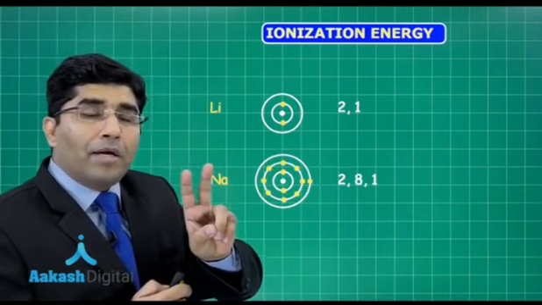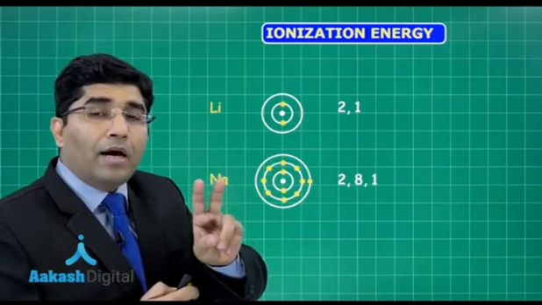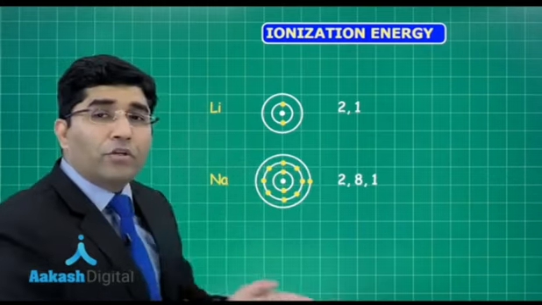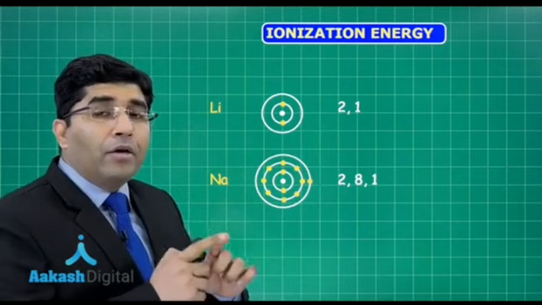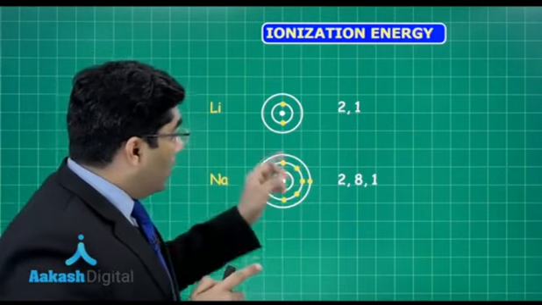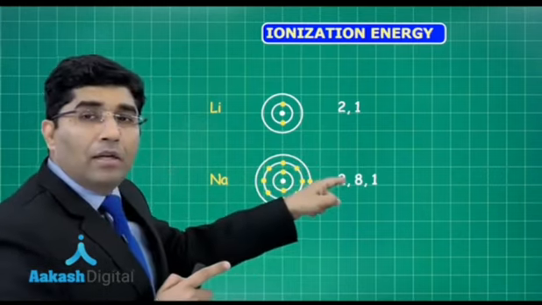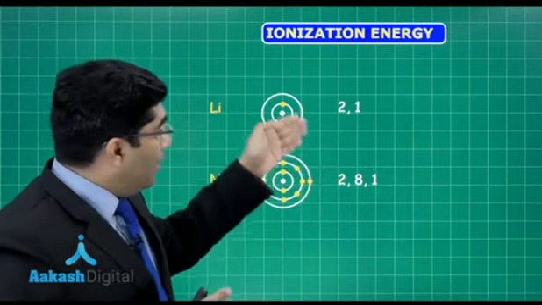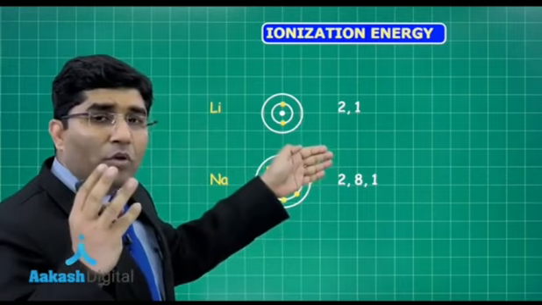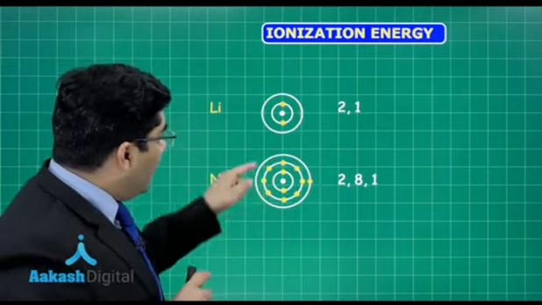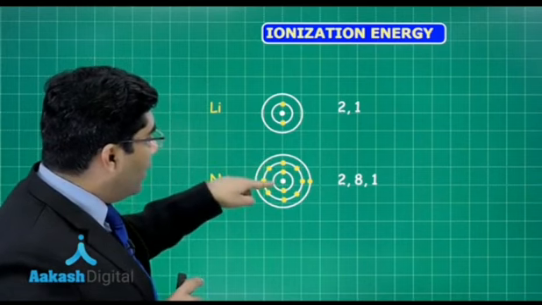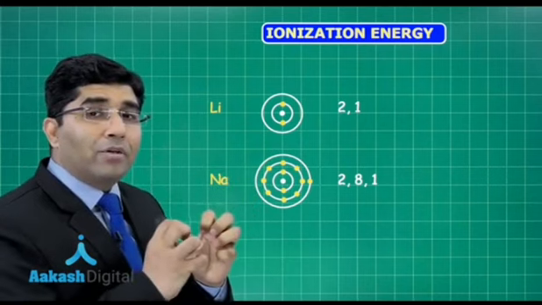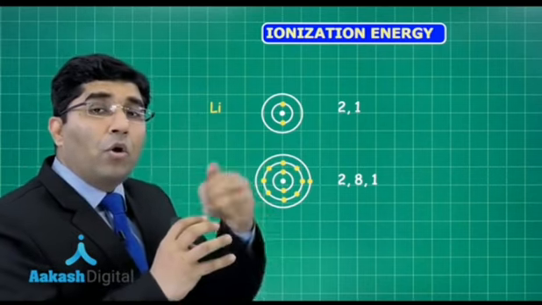But in the case of sodium, there are 10 electrons. You can see that the electronic configuration of sodium is 2, 8, 1, and we want to eject out the electron from the M shell. So, there is the K shell having 2 electrons, there is the L shell having 8 electrons, and these electrons will come in between and decrease the effectiveness of the attraction of the nucleus on the valence electron.